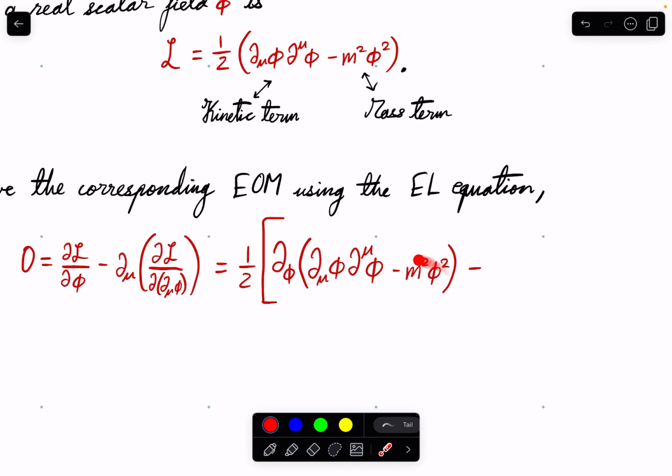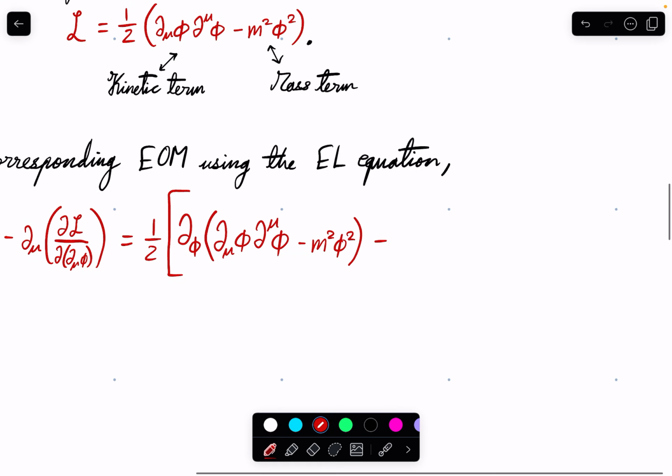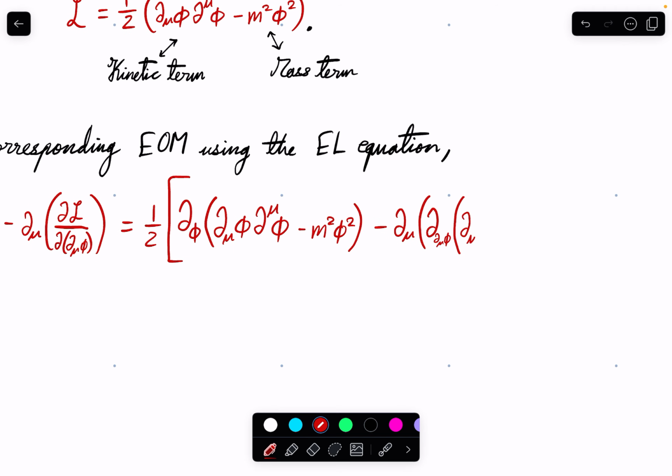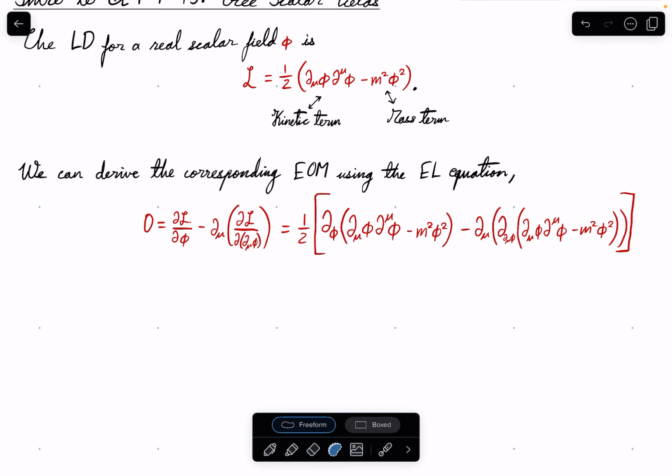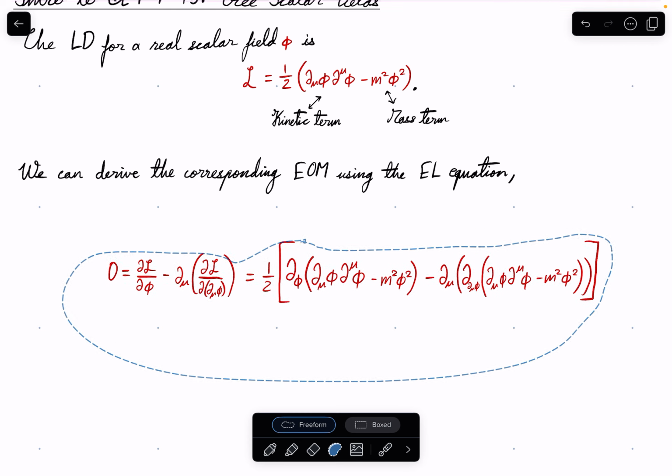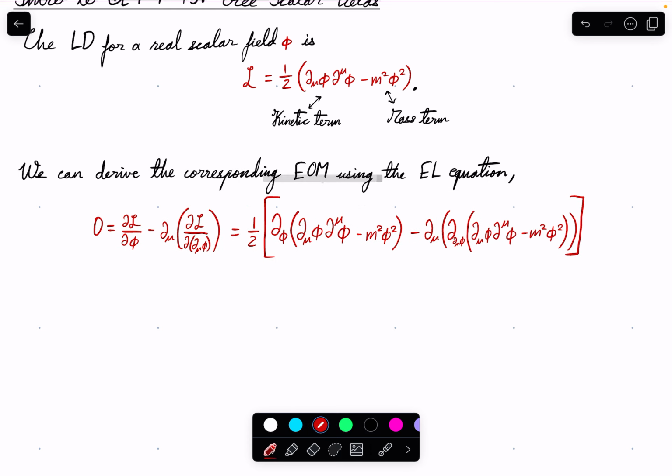Now we're inputting this minus the gradient of, the same kind of notation, the derivative with respect to the gradient of phi, of partial mu phi partial mu phi, minus m squared phi squared. Okay, so that's the first step.